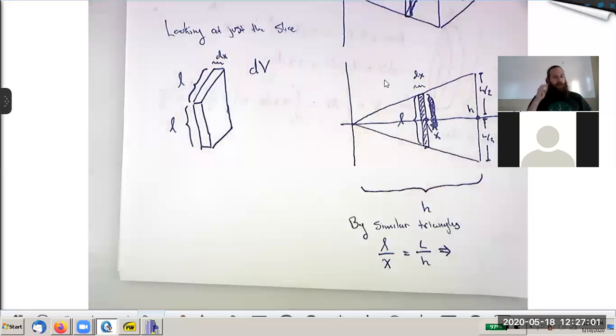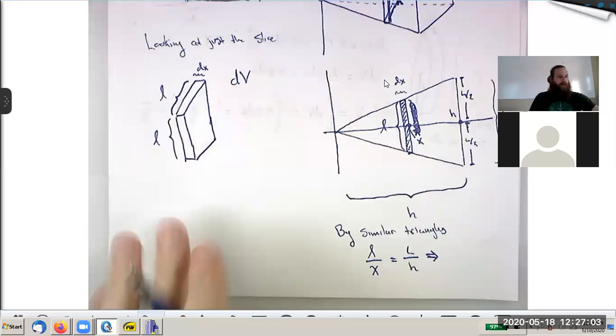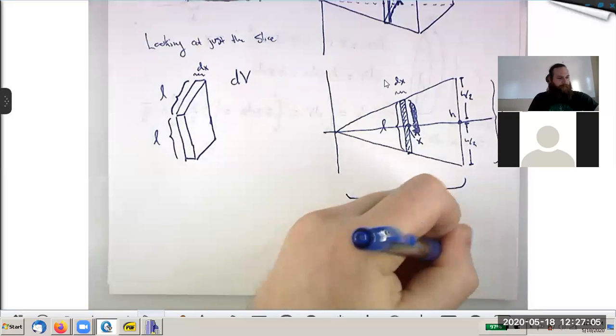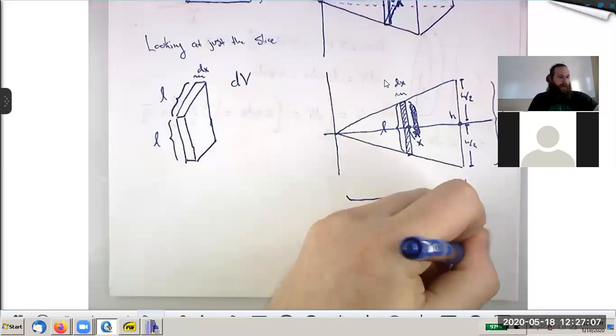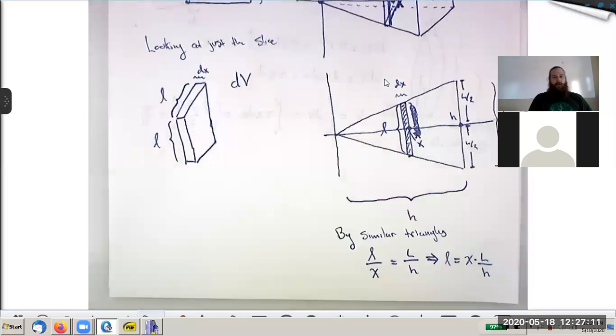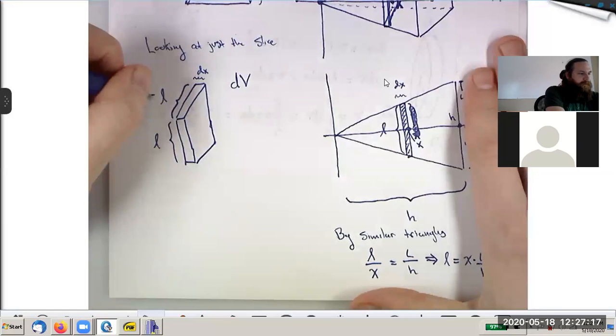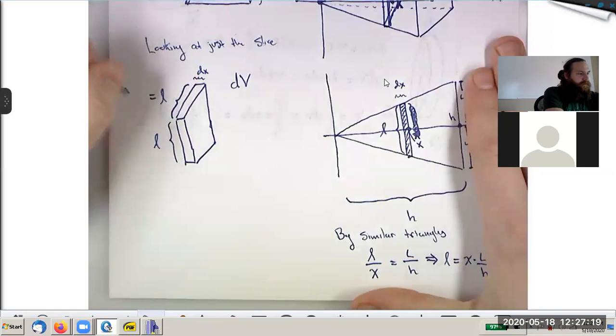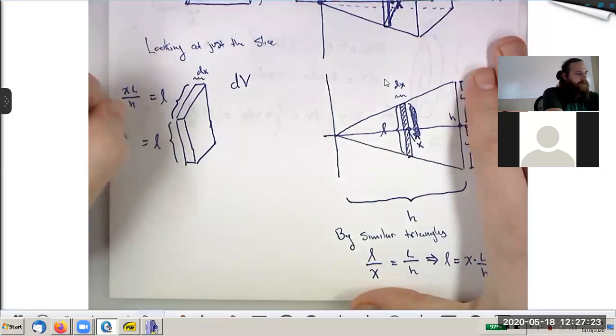This relationship that we get from the similar triangles tells me that little l is equal to x times big L over h. So little l, this distance, is x times big L over h.